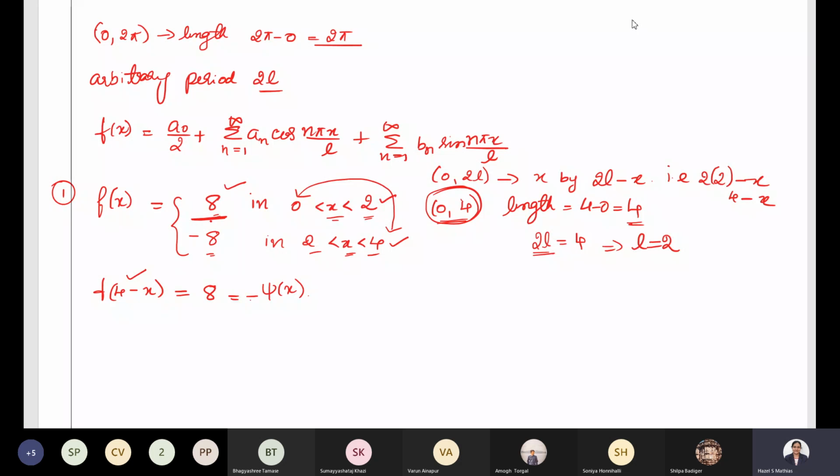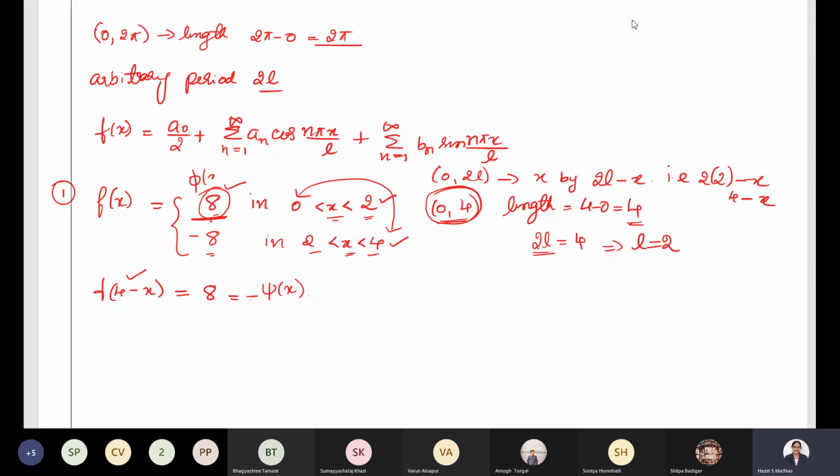Very good. Remember, these constant terms are not dependent on x. They are independent. 8 is an independent term. So in order to check the even and odd nature, if you replace x by 2l minus x, that's 4 minus x, it is not going to change the value of this. 8 is 8. 8 remains as it is.